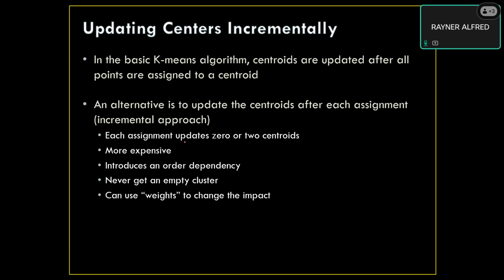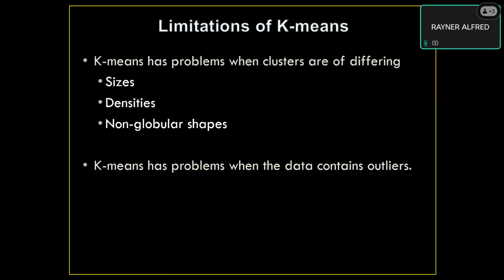So this is very time consuming. Okay. So the problem with K-means is that whenever we have different size, density, and non-globular shape, we will not be able to get the best result here.